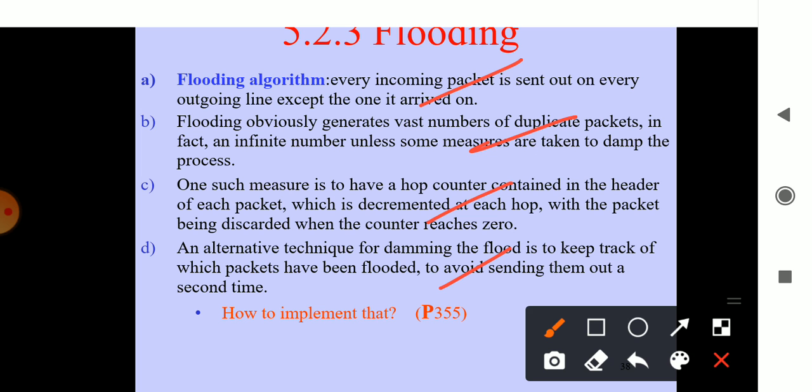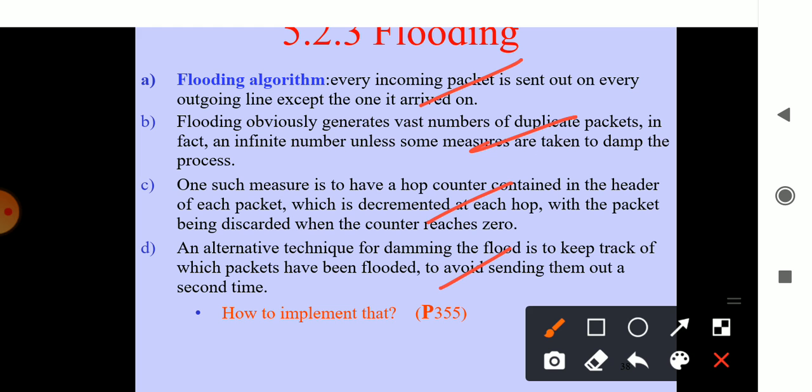So it cannot be used for internet facilities that give access to many at a time. It becomes difficult. Flooding may be used in cable TV networks, where you are using the concept of broadcasting.